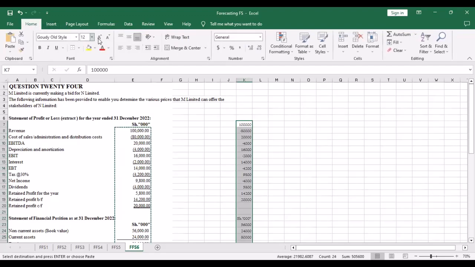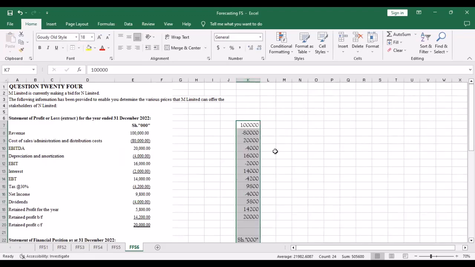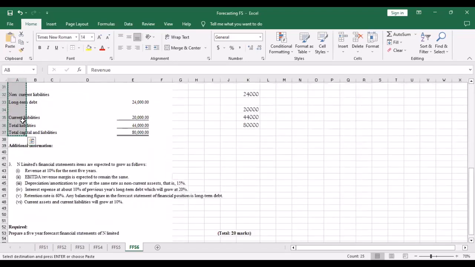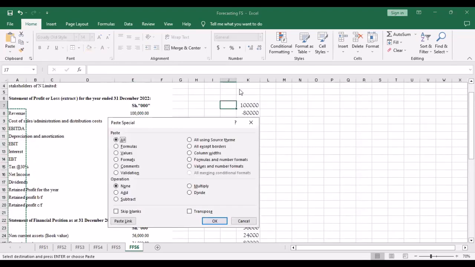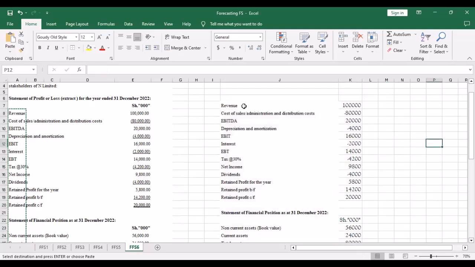The values are very small, so maybe I also take these ones. Control C. Then I paste. So it was from here. Control Alt V. Then maybe I can just paste all, because it is just the values that I wanted.